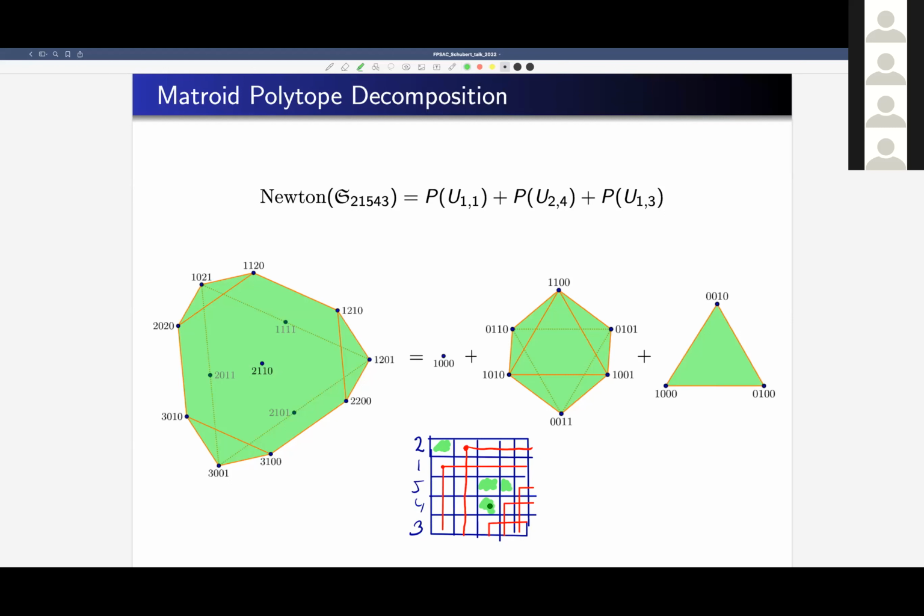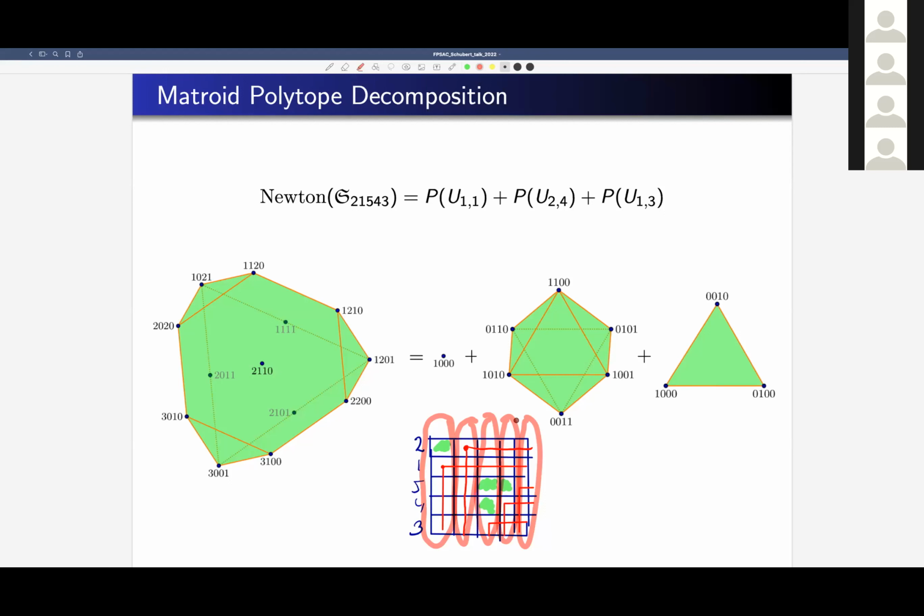And so now what's happening for any permutation, not just for this one, is we are able to break down the Newton polytope of any permutation into the Minkowski sum of the Newton polytopes of matroid polytopes corresponding to the columns. And the way we define these matroids, you just take your boxes and you float them up.